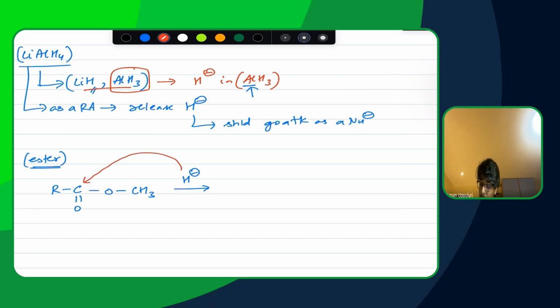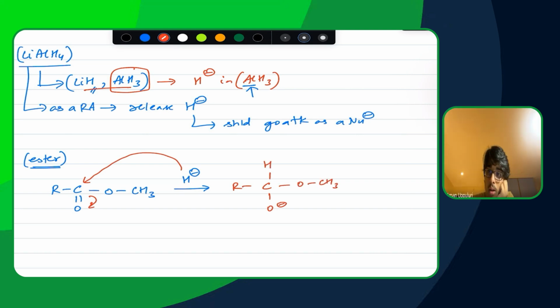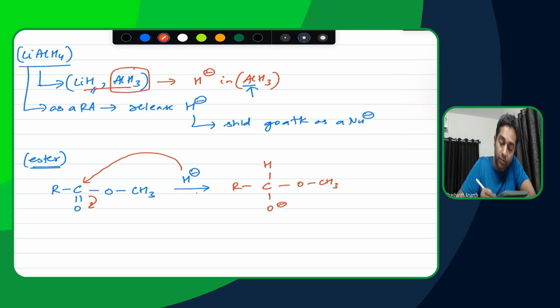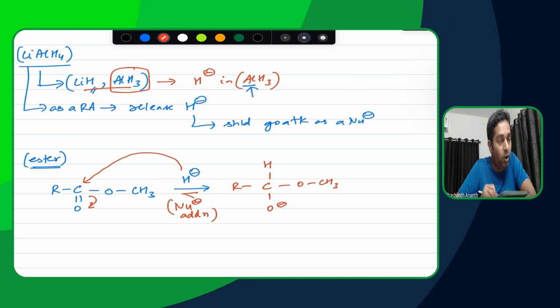As expected, it will perform a nucleophilic addition, resulting in this species being formed. Now, is this step reversible? It's a nucleophilic addition step. All nucleophilic addition reactions are reversible in nature, just like all acid-base reactions are reversible. So this is a reversible step.